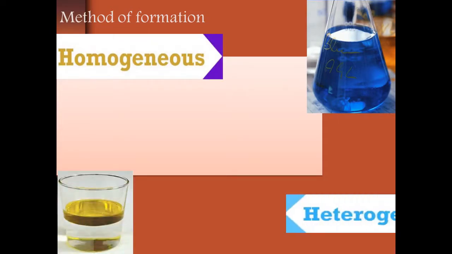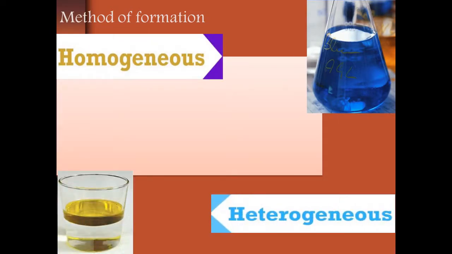Based on the method of formation, polymers are further classified into homogeneous polymerization and heterogeneous polymerization. Homogeneous polymerization involves a reaction mixture in the same phase, whereas heterogeneous means the reaction consists of more than one phase.